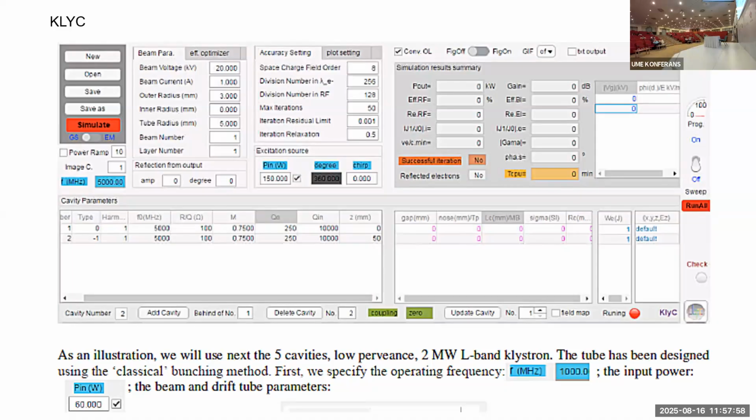and it's okay if you write the first line, and if you press the update cavity, R over Q and other values will automatically fill.